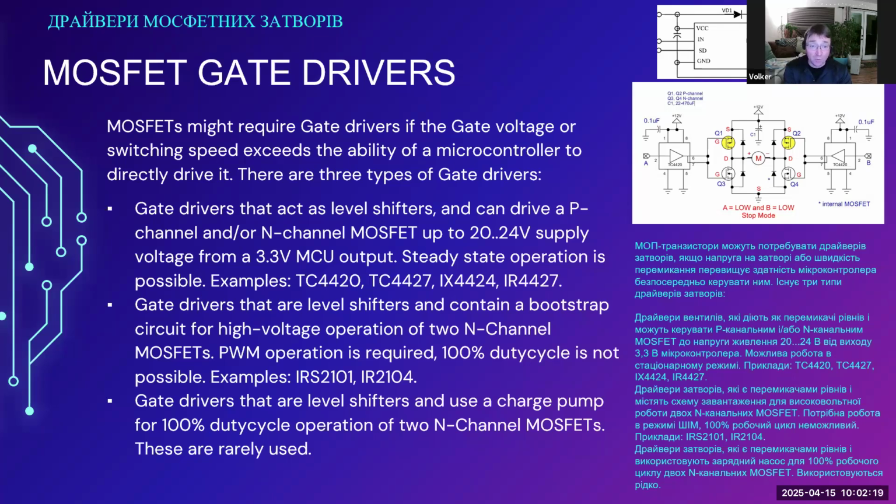If you used a P-channel MOSFET, the voltage needs to be lower, and that's not a problem. Creating a voltage lower than the supply voltage is not a problem at all. Creating a voltage higher than the supply voltage, that is a problem, and that is what the bootstrap capacitor is for. It charges when the low side MOSFET is on, and it discharges when the high side MOSFET is on, and it provides the high side MOSFET with the power to charge its gate.